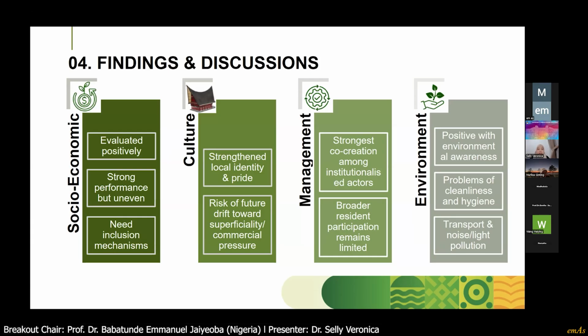But it is still uneven, because the socioeconomic impact focuses more on the community affiliated with the groups I mentioned before, including the Pokdarwis and the BUMDes that are run by the local governments.